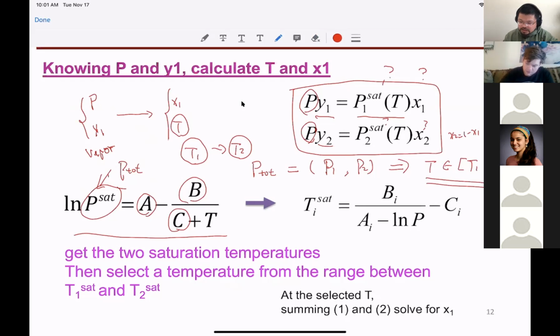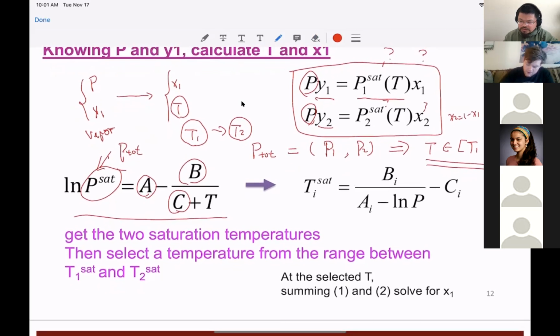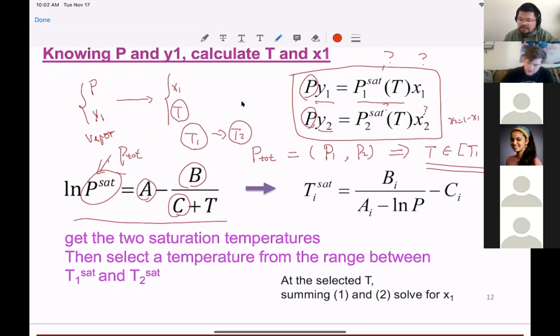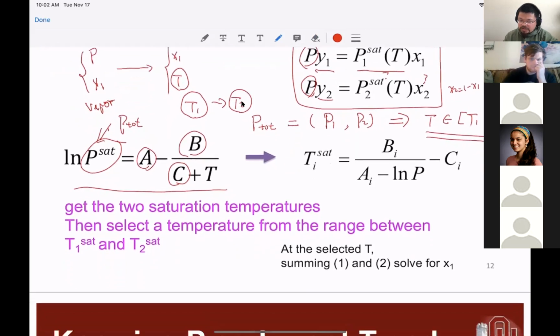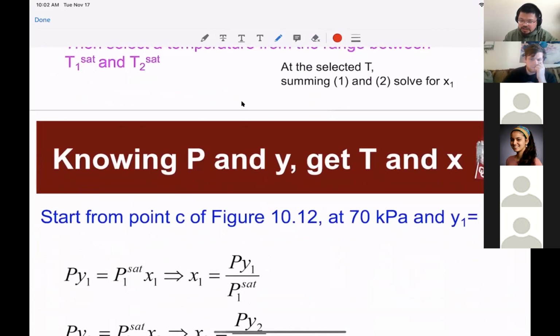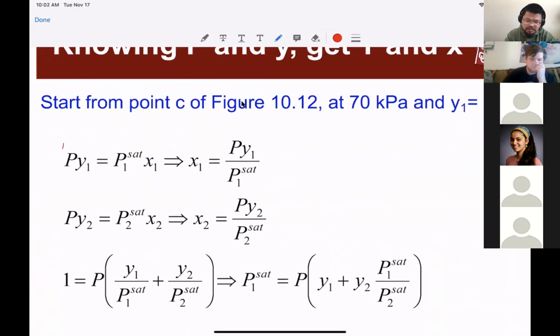And then the other case is, well, I need to somehow simplify the calculation from equation 1 and 2. And a quite common trick is, if we start from this equation, I have the y1, y2 values. So I'm trying really hard to somehow get rid of the x1 and x2.